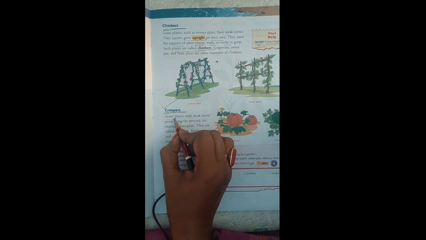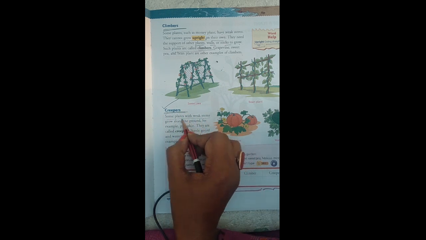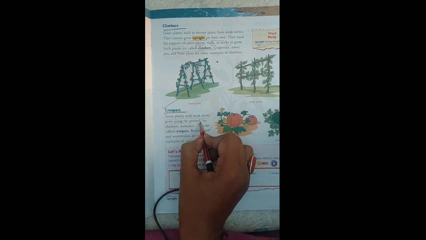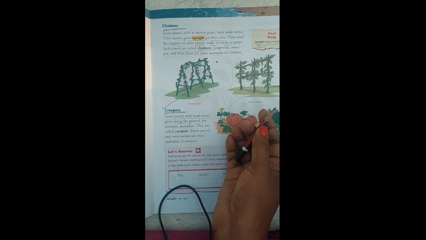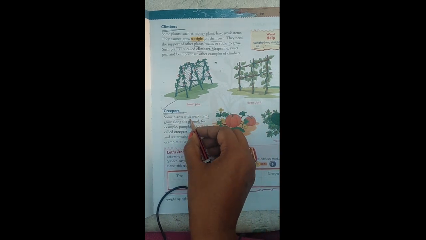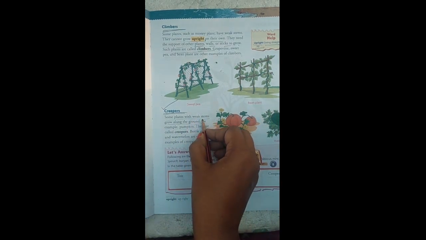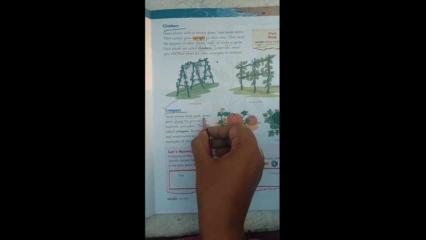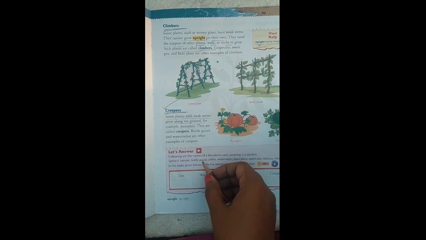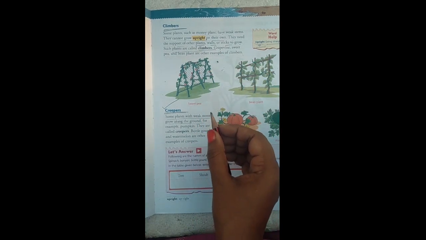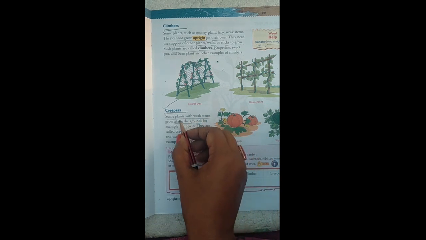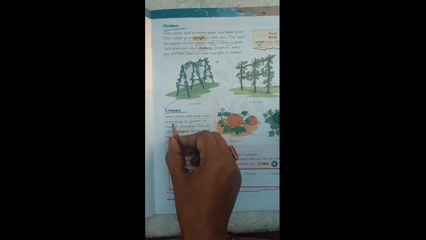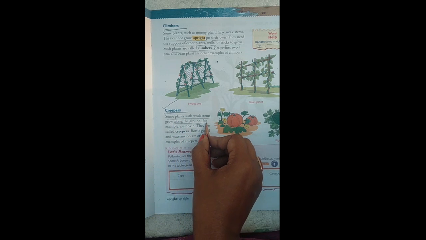Now, some plants with weak stems grow along the ground. Actually, climbers are also having weak stem, and creepers are also having weak stem. So, some plants with weak stems grow along the ground.